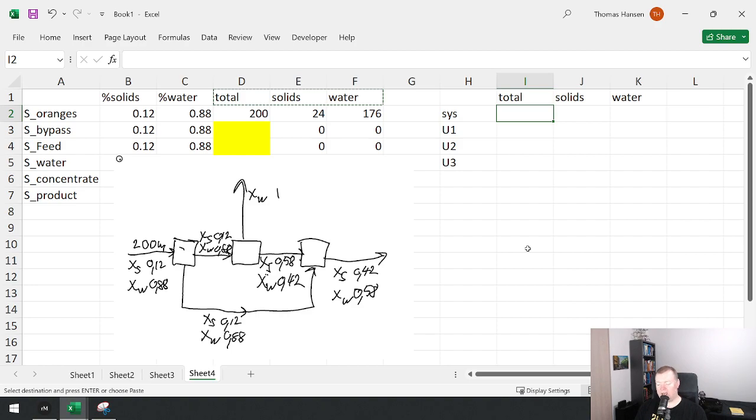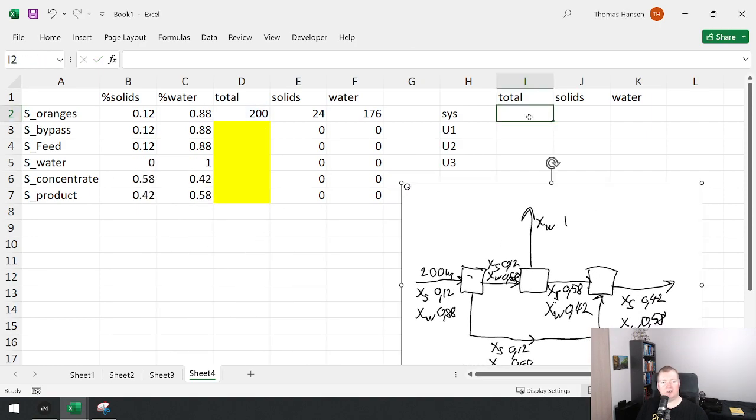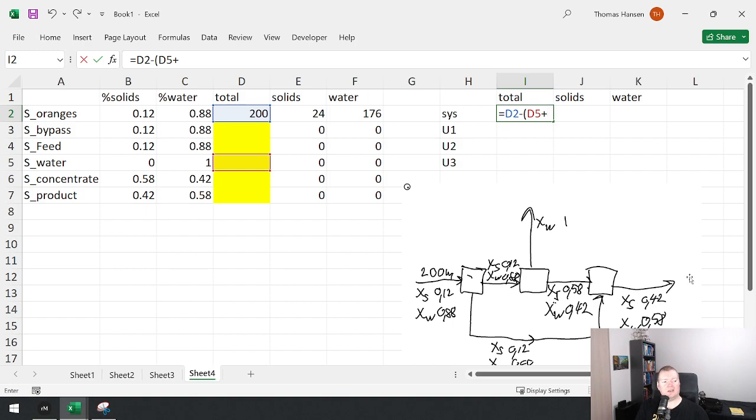I'm going to look at my system. What comes in is the fresh oranges. What goes out? Oh no, I have to remove the picture a bit. Yeah. There we go. Sorry about that. That stream enters my system. What exits is my water stream and my product stream. For my unit 1, what comes in is the total of oranges.